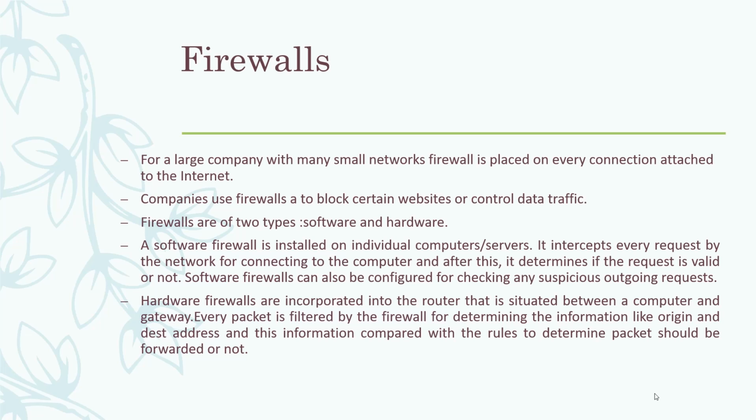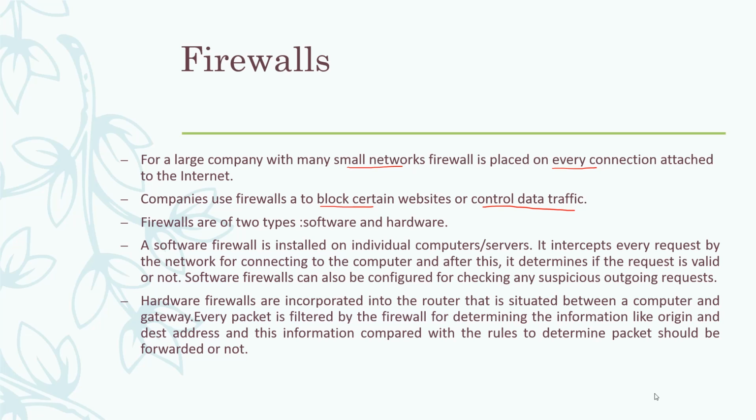For example, in a large company which has many small networks, the firewall will be placed on every connection which is attached to the internet. Companies use firewalls to block certain websites as well as to control the data traffic.